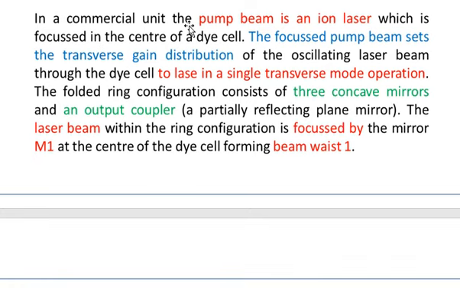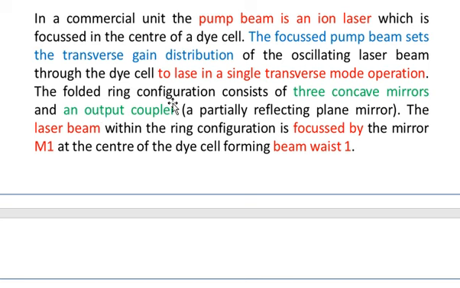In a commercial unit, the pump beam is an ion laser beam, which is focused in the center of the dye cell. The focused pump beam sets the transverse gain distribution of the oscillating laser beam through the dye cell to lase in a single transverse mode operation.